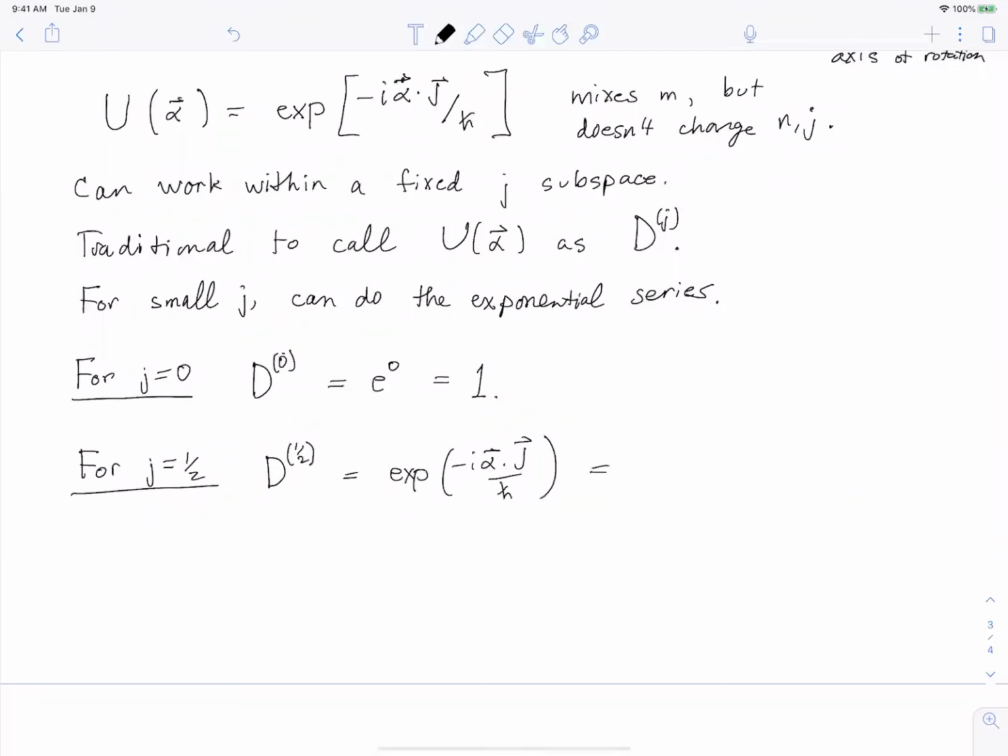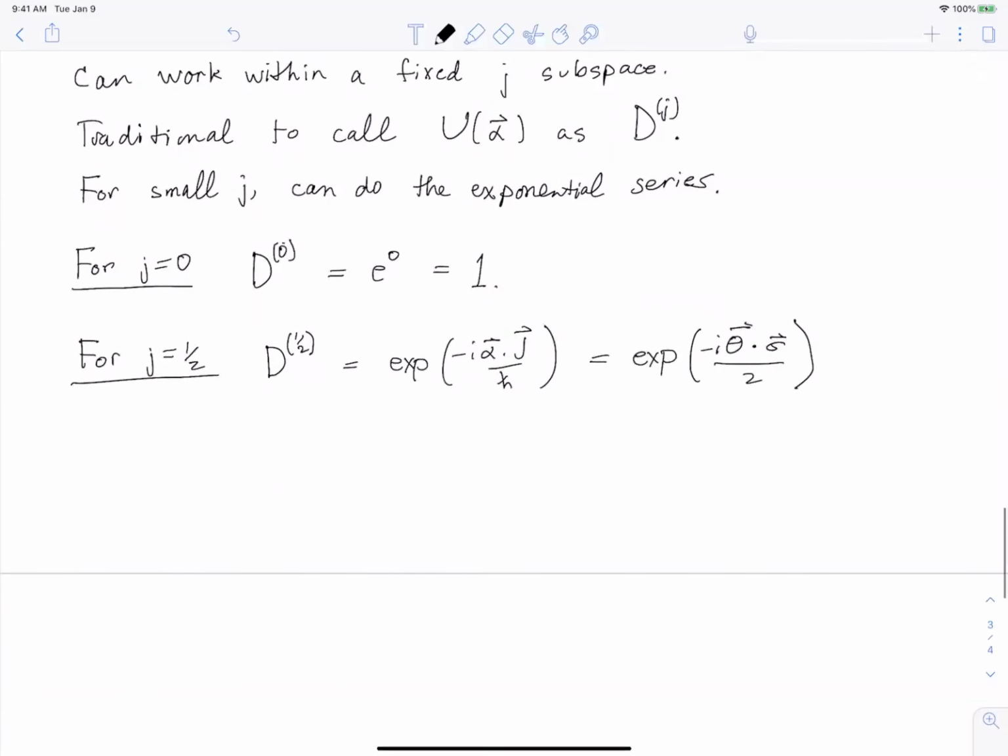But we know what that is for j equals 1/2. This is the same thing as the Pauli matrices. So it's minus i alpha dot sigma divided by 2. And now let's just write out the whole series. The exponential series is 1 minus i theta, oops, I didn't mean theta, I meant alpha.